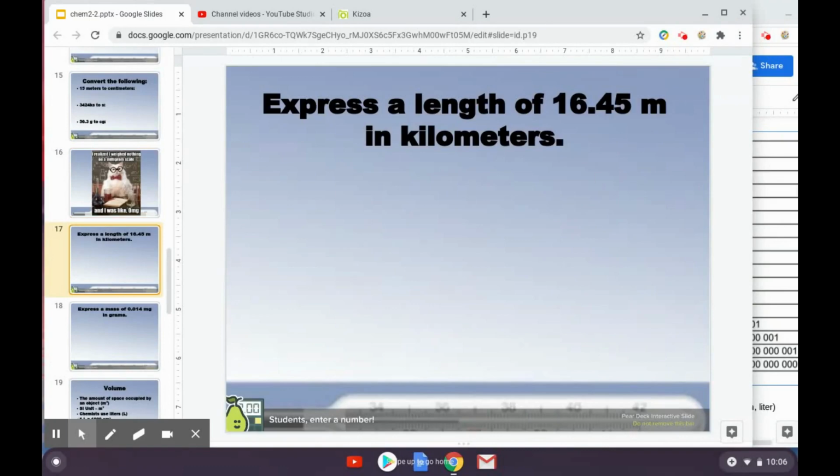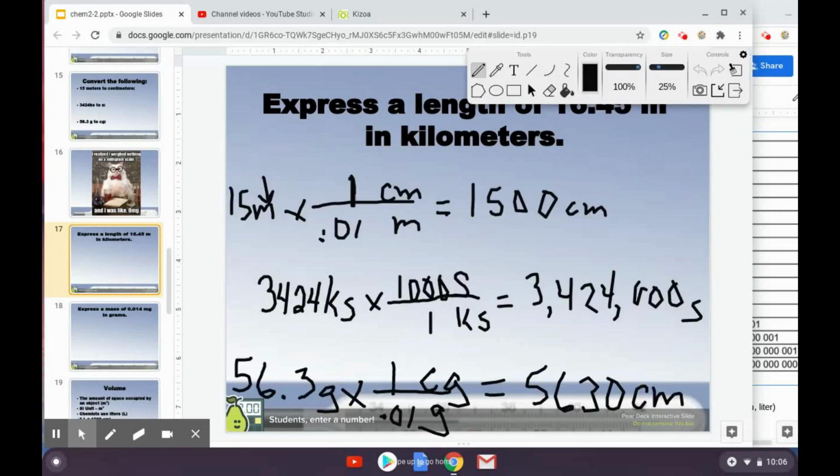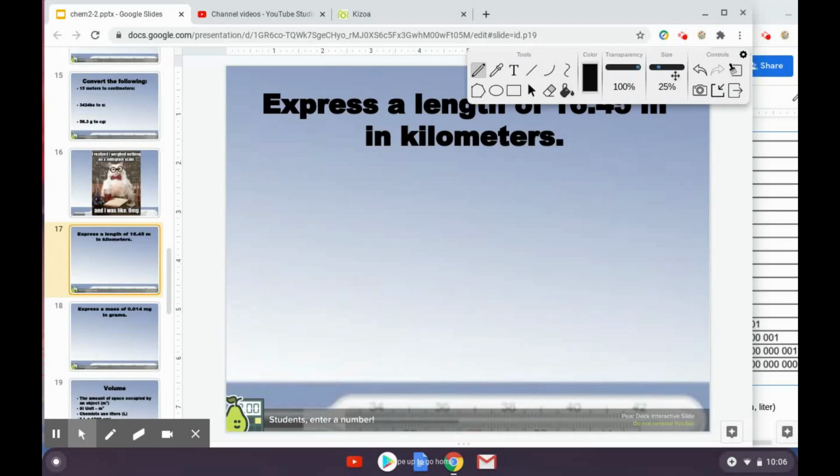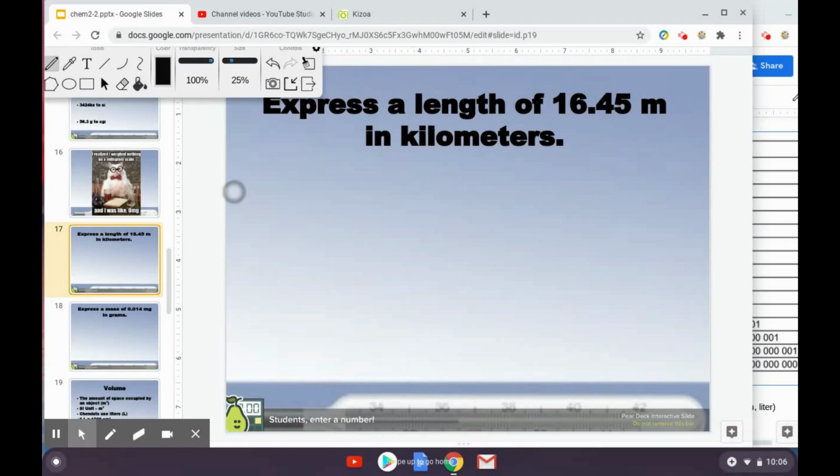Our next problem, we're going to start with 16.45 meters, and we're going to go to kilometers. So we have 16.45 meters. And since meters are on top, they go on bottom, and we're going to kilometers, so that will go on the top.